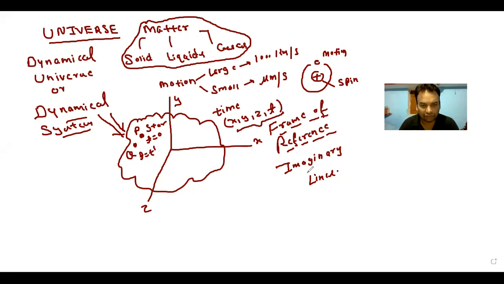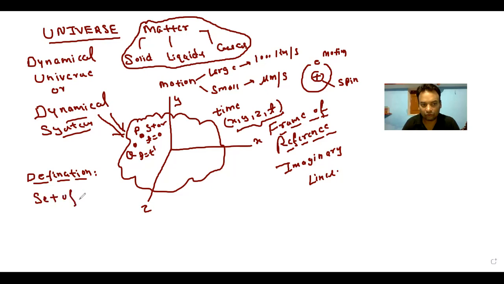Now I think it is clear what the meaning of frame of reference is. So a frame of reference is a set of coordinates that can be used to determine the position and velocity of an object. So let me write the definition. Definition of the frame of reference: it is a set of coordinates.